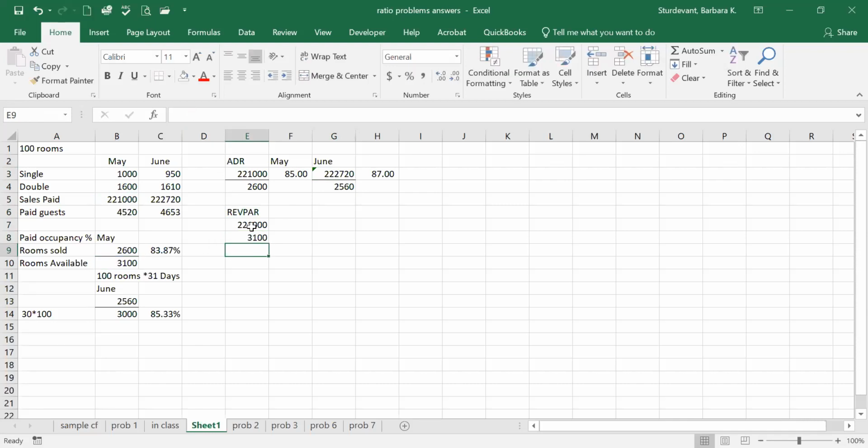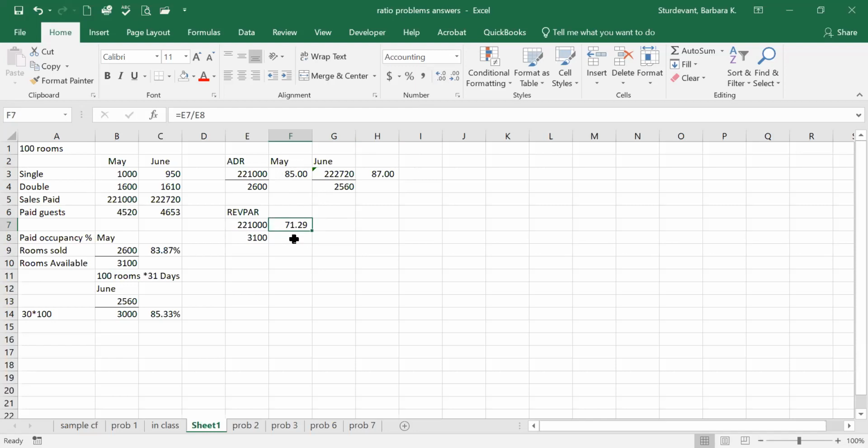And the other thing to remember is that RevPAR is always less than ADR, because that's based on 100% of sales. Okay, so this is based on what you did sell.